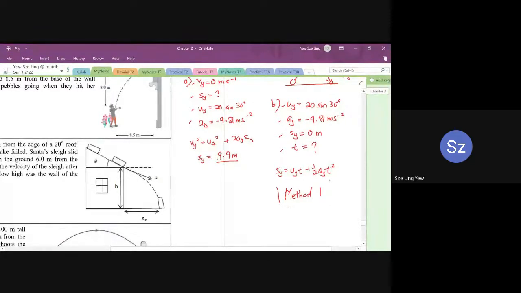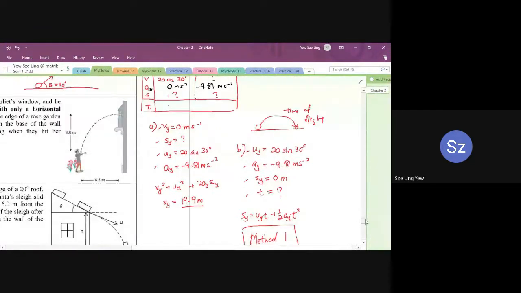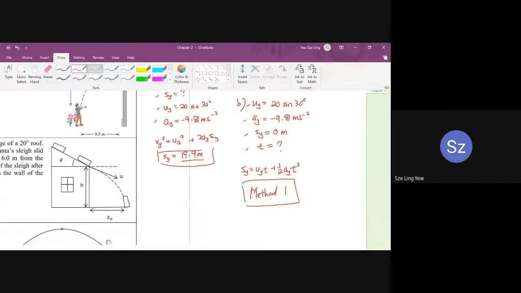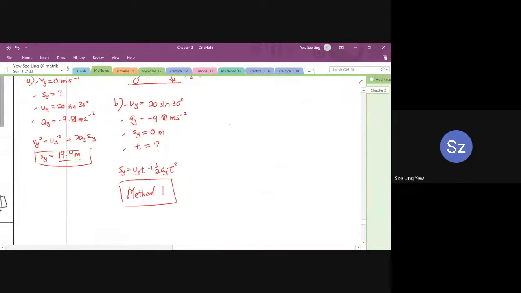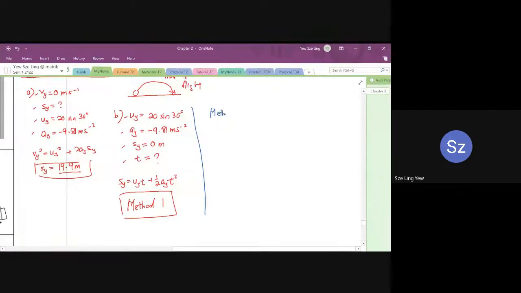Now, some students think they need to use the information from question A to solve it, which is 19.9 meter. Can or cannot? Yes, you can. So I'm going to show you two methods. So you can try to see which one is easier for you. So if you want to use the information from question A, method 2.